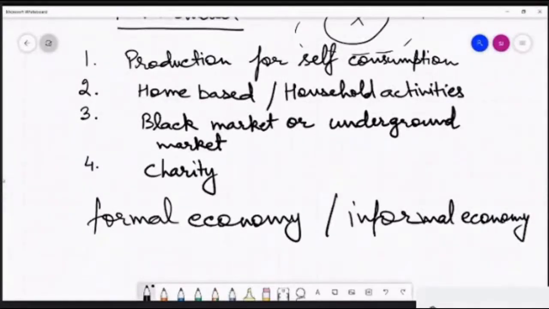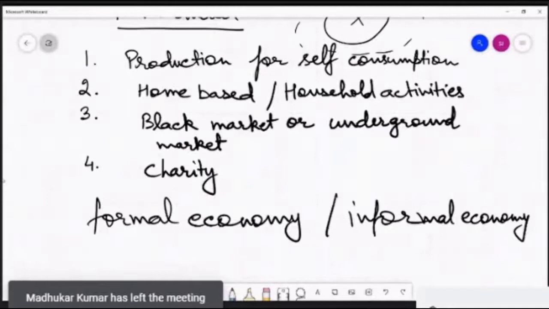In the formal economy, all the activities are registered, properly counted, they are legal, they are paying taxes. So that is formal economy.